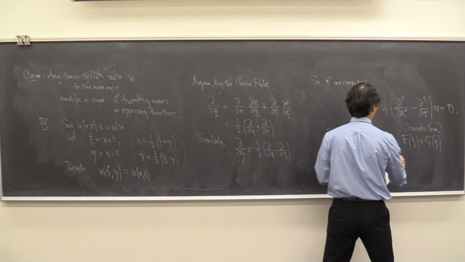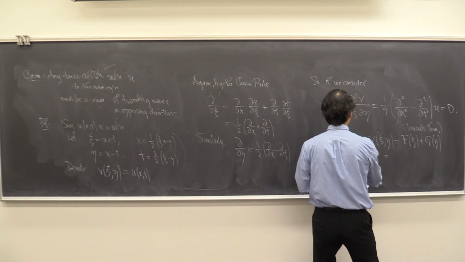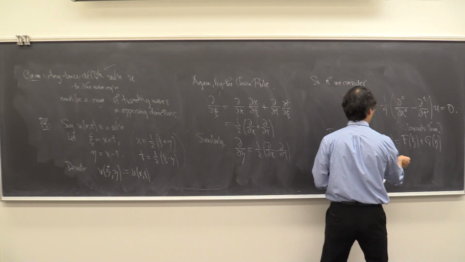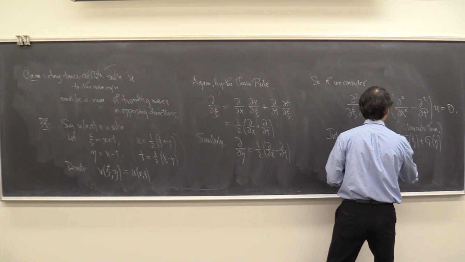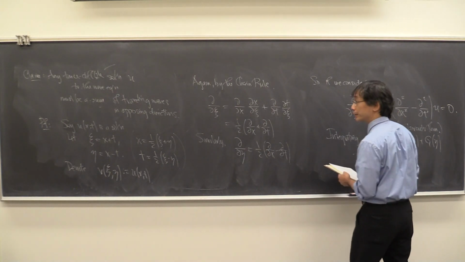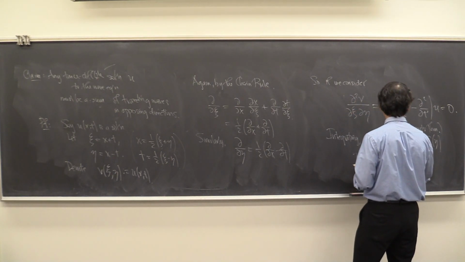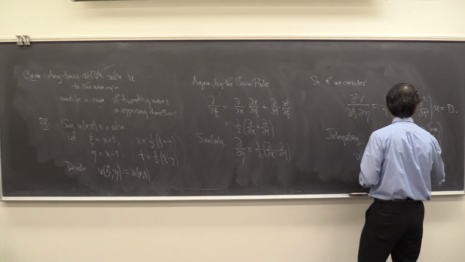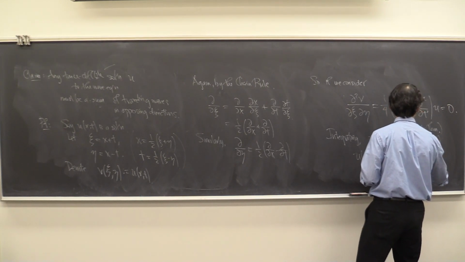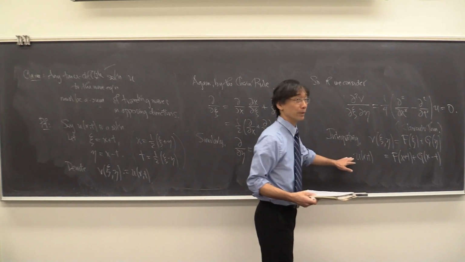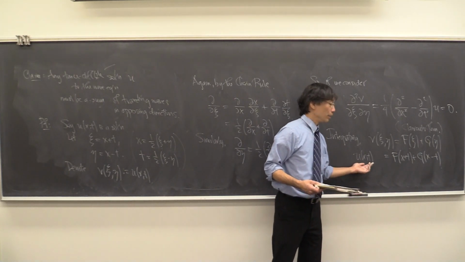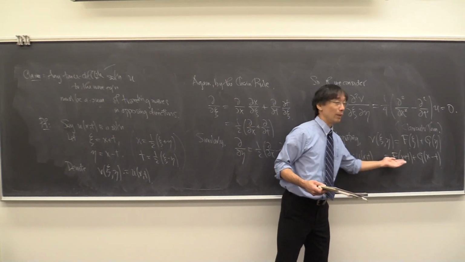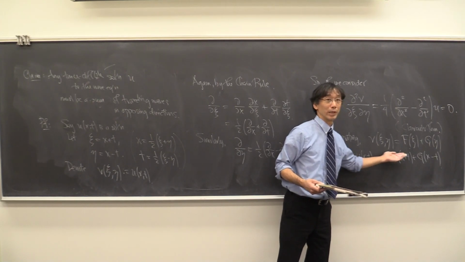And so what you get in the end is some function of xi plus some function of eta, right? In other words, your solution was a combination of waves in opposite directions.